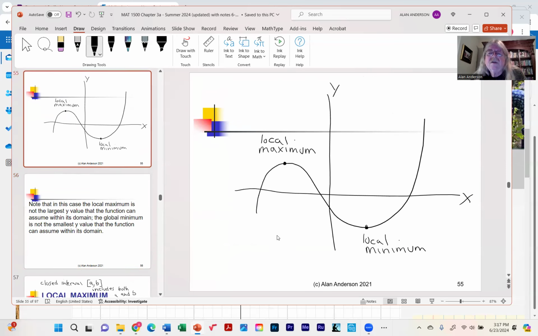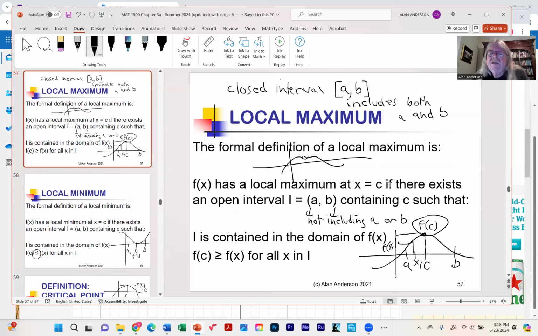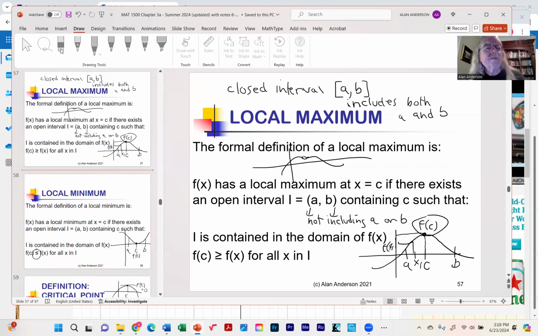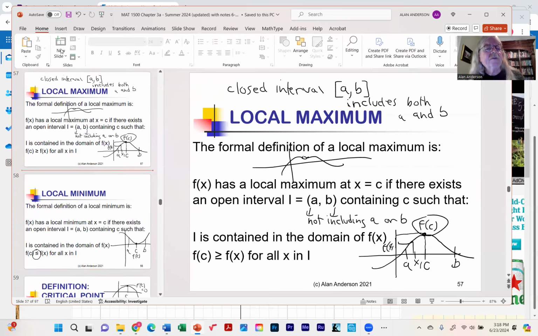Let's just formally define these. The formal definition of a local maximum is f of x has a local maximum at x equals the point c, providing there's an open interval. Now, by the way, here the word open means not including the two endpoints. We went over this in the review section.